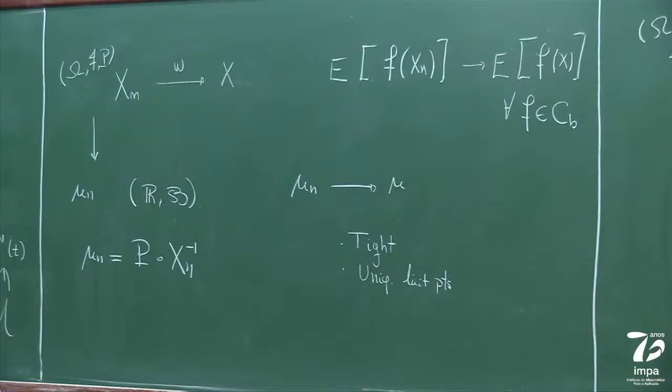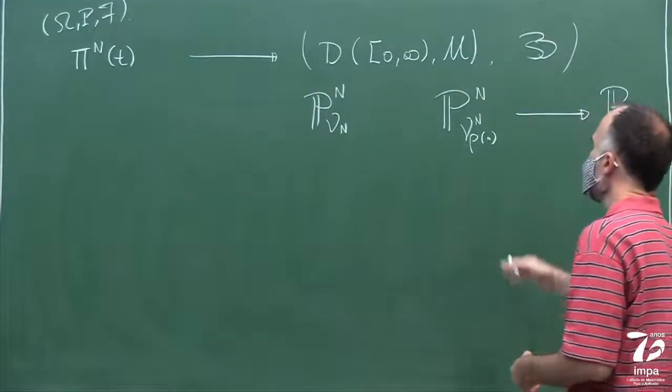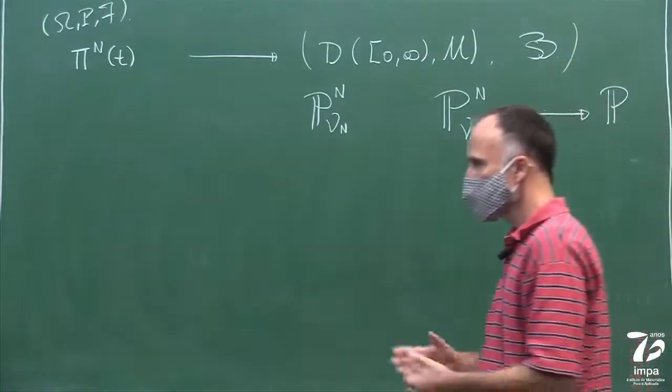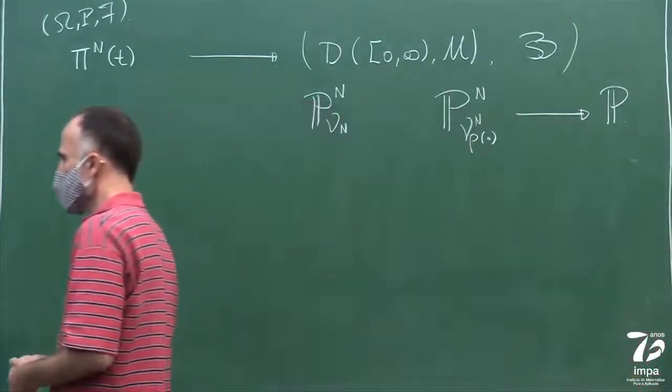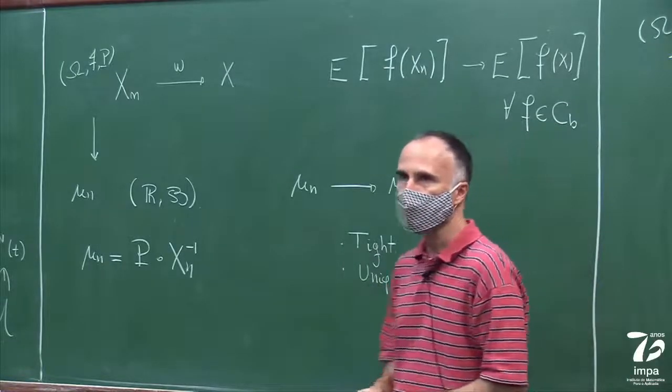So what I'm proposing to do is to prove this result in the case of the symmetric exclusion process, where you start with a product of Bernoulli measures. There are two results we need to prove: tightness and uniqueness.